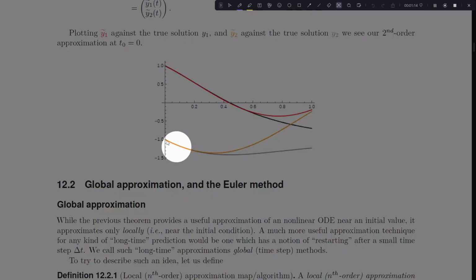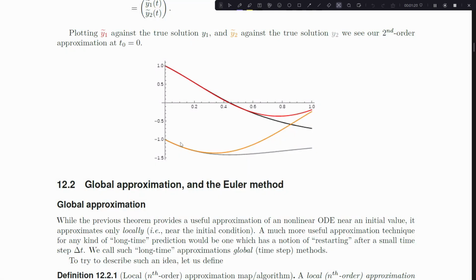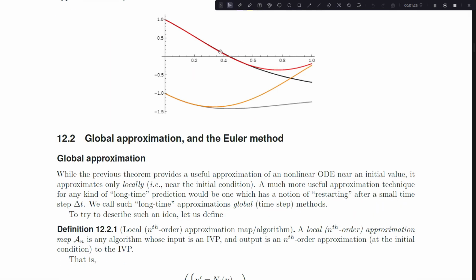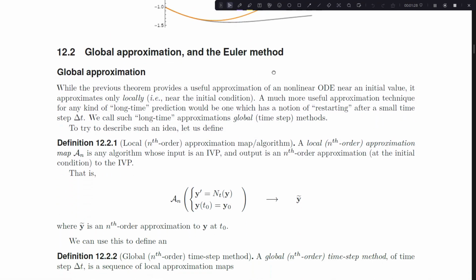I guess in this case, y2 decided to spread away from the true solution somewhere around 0.2, right? So somewhere around t equals 0.2, the two solutions no longer wanted to coincide very well.